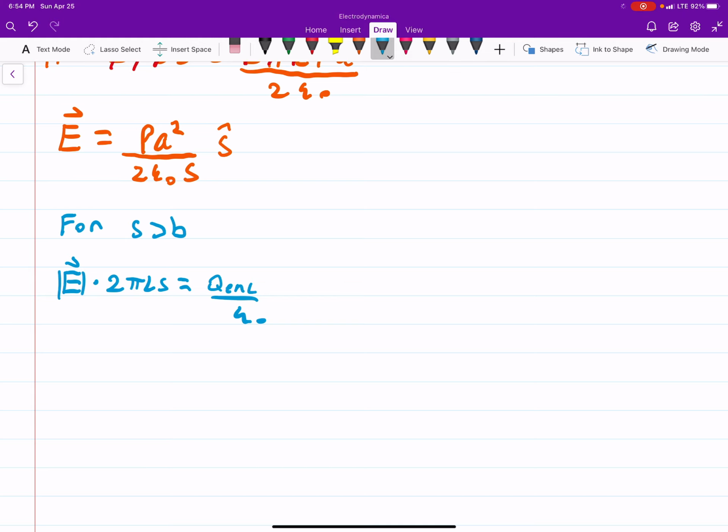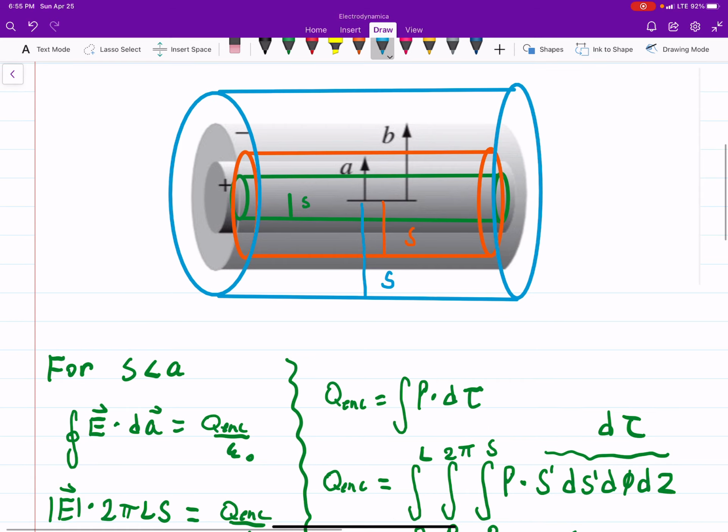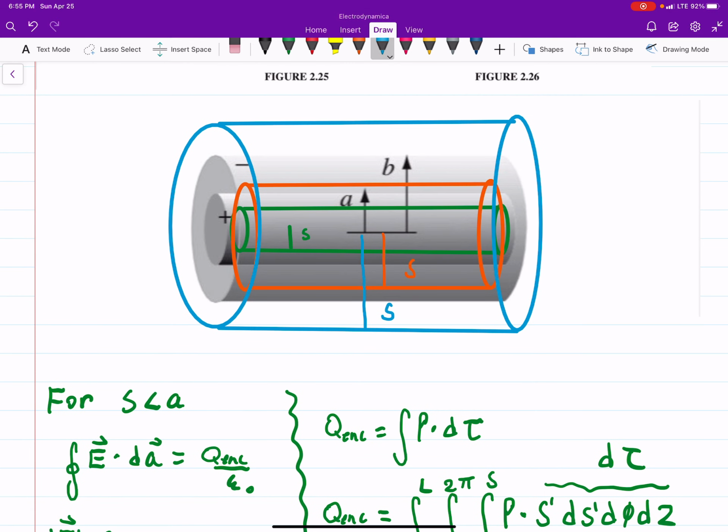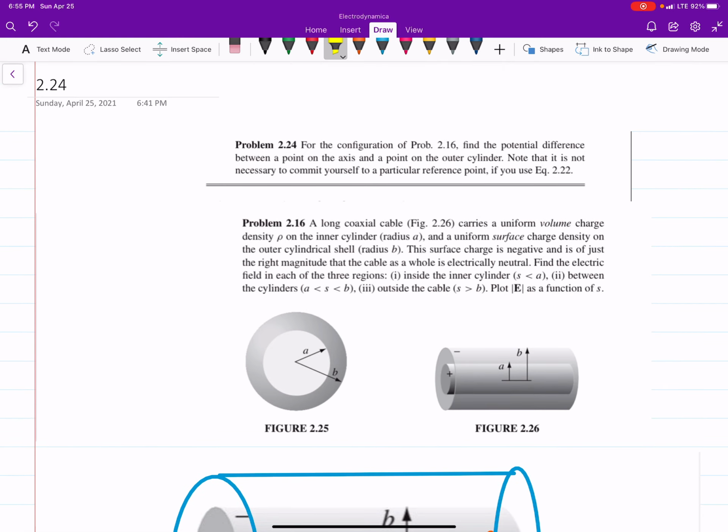Now, again, we'll get the magnitude of your E field times 2 pi L s is equal to your enclosed charge over epsilon naught. This one's actually pretty easy, but you have to keep in mind that this setup they have here is neutral. And it mentions that actually in the problem, so it's kind of a reading thing. So this is the part you want to read. The whole thing is electrically neutral.